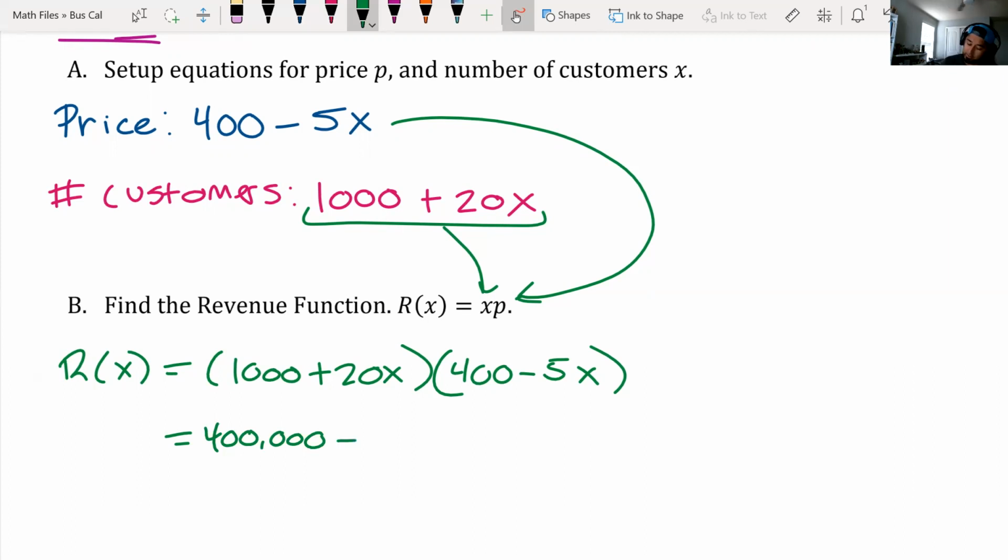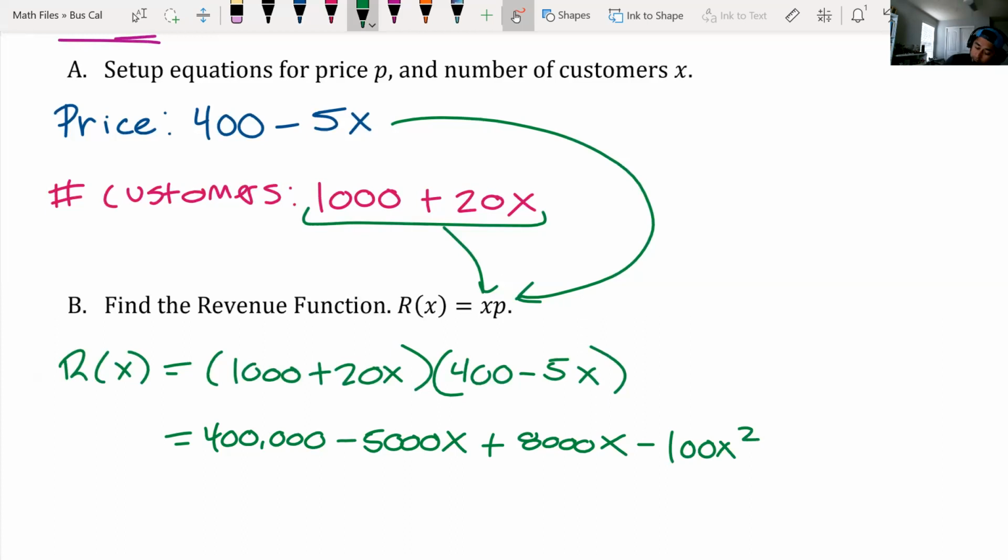Minus 1,000 times -5, that's -5,000x, plus 20 times 400, you get 8,000x, minus 20x times -5x, that's -100x squared.